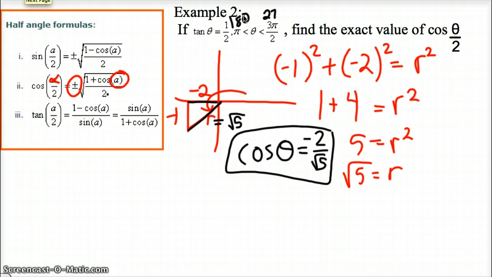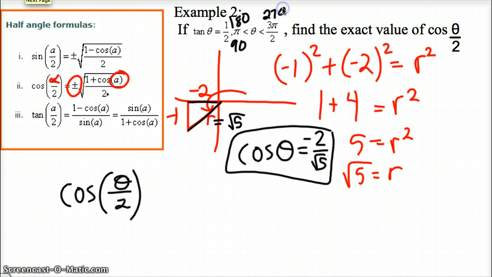We have an angle between 180 and 270. So an angle half that size, because that's my goal, the cosine of theta over 2, would be between 90 and 135. So I know that angle is going to fall somewhere in here. This is 90 degrees, and this is 135. So my angle is going to fall somewhere in here.